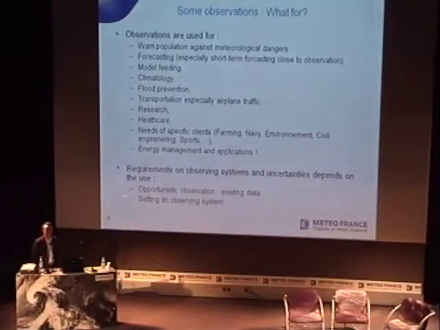For example, if you are trying to install a wind farm or a specific energetic system, before setting a new observing system, you will have a look at available information, and you will try to figure out from this information where is the best place to install your wind farm. Then, when you will focus on a specific location, you may set a really specific observing system.